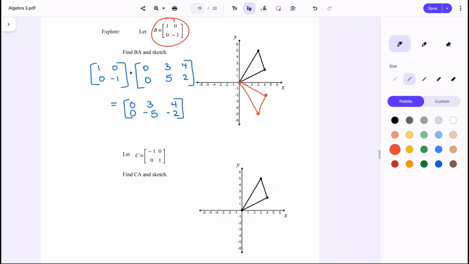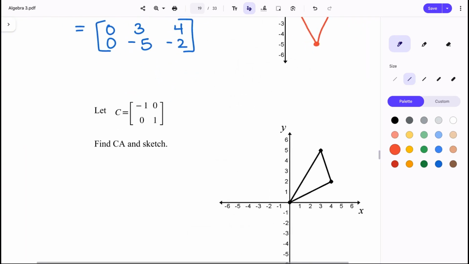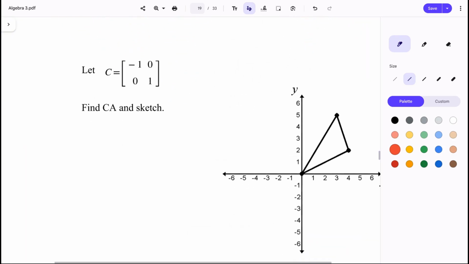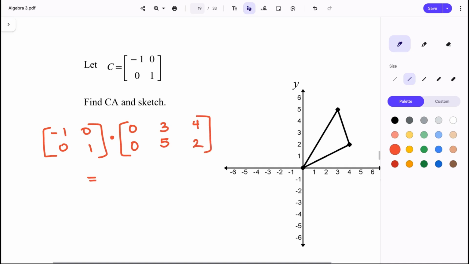So then the last one on this page, the matrix is just a little different. It's not 1, 0, 0, -1. Now it's -1, 0, 0, 1. So the signs are changing a little bit, but we're taking this matrix C, again, times my original matrix A. Oh, I'm going to finish this here.